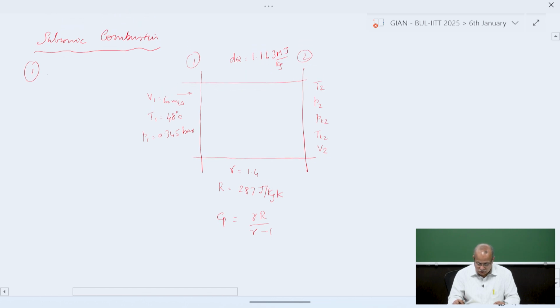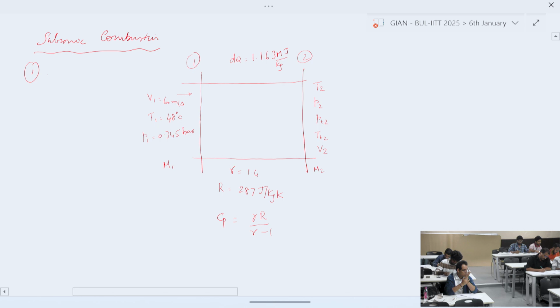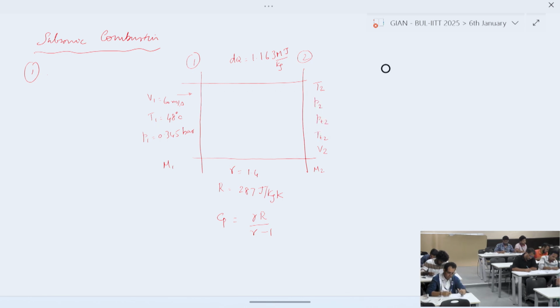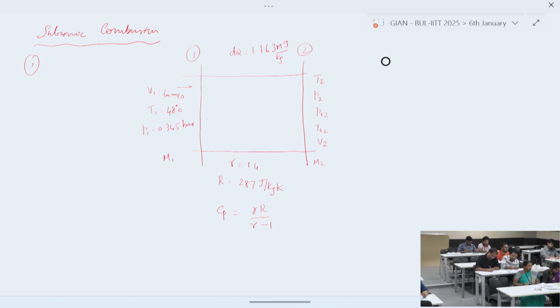It's important for us to know what will be the Mach number at inlet and what will be the Mach number at outlet. So with the information we have, can we find M1?